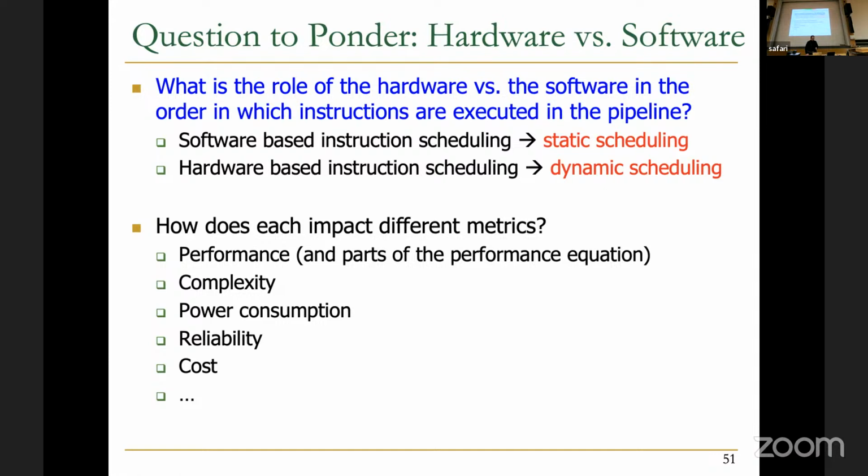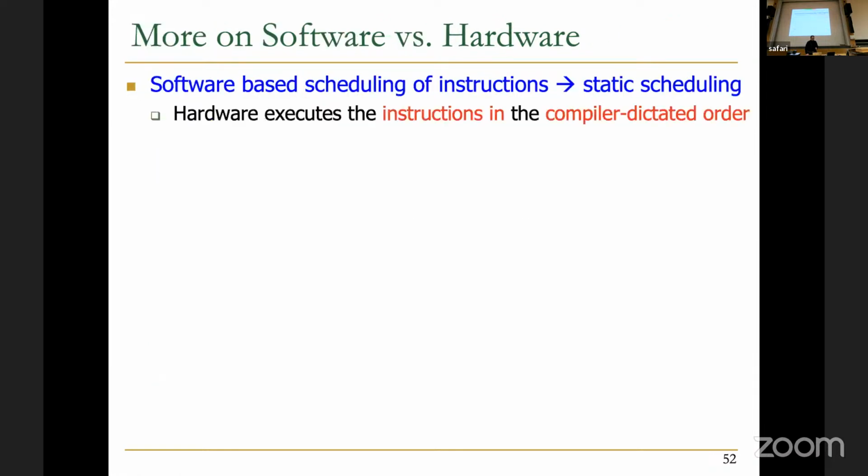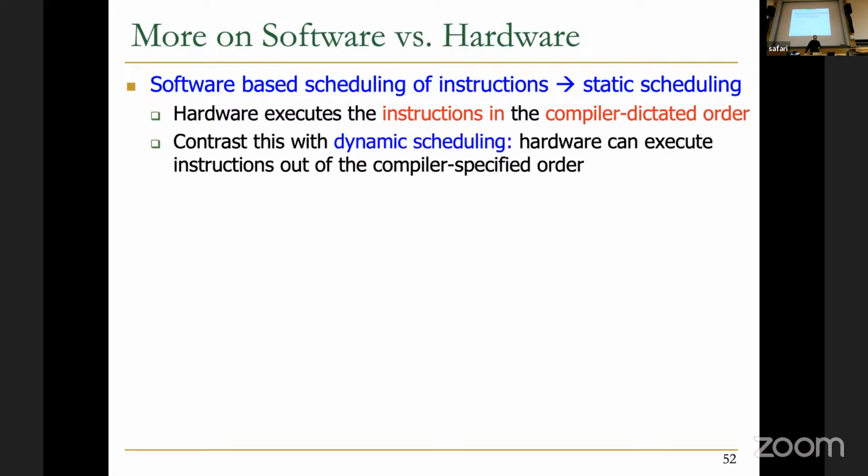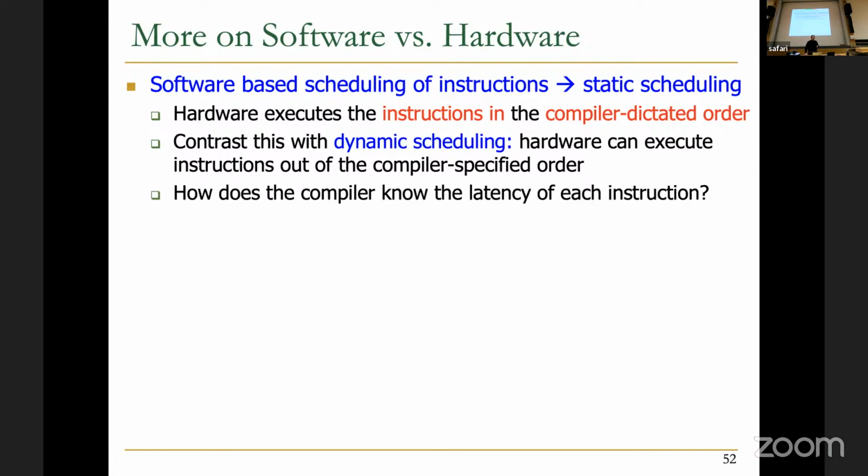So in static scheduling, hardware executes the instructions in the compiler-dictated order. You can contrast this with dynamic scheduling, where hardware can execute instructions out of the compiler-specified order, which you will see later.